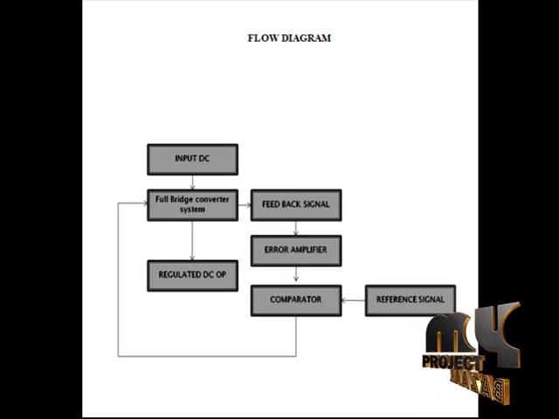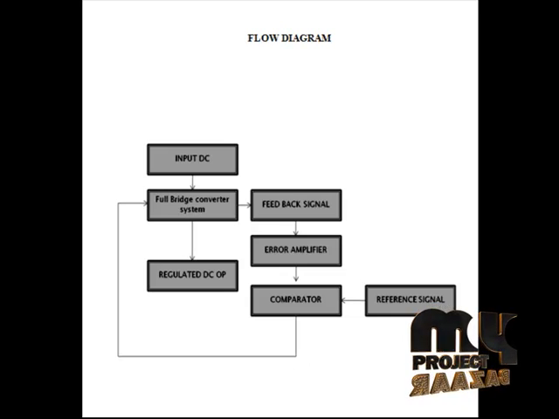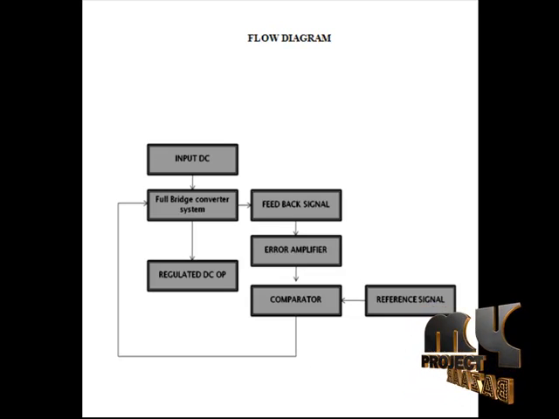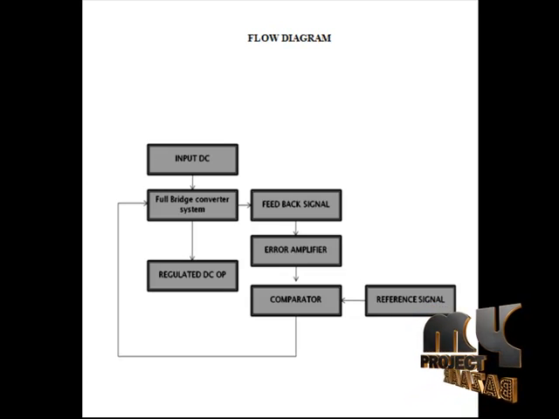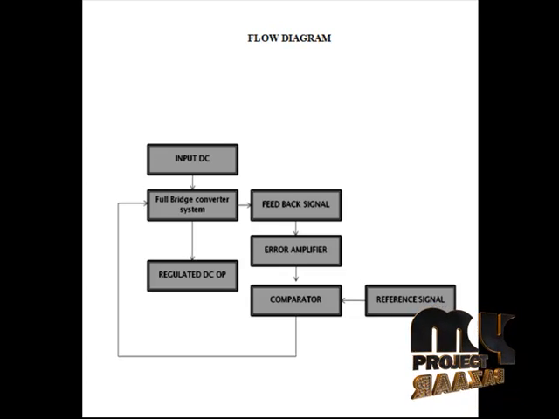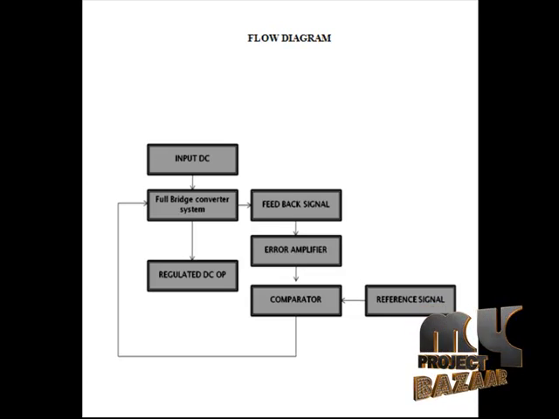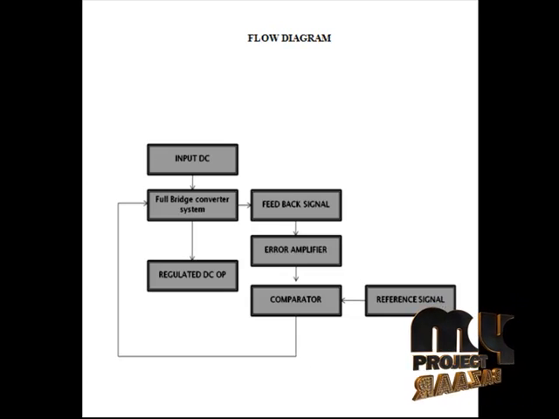At the load side, we get the regulated DC supply despite any input variations, according to our controlling pulses provided by the feedback signal. This is then fed back to the CMOS switching circuit to control the switching devices of the full bridge converter circuit, and accordingly we get the regulated supply at the load side.